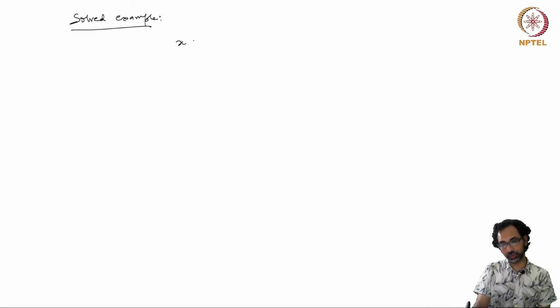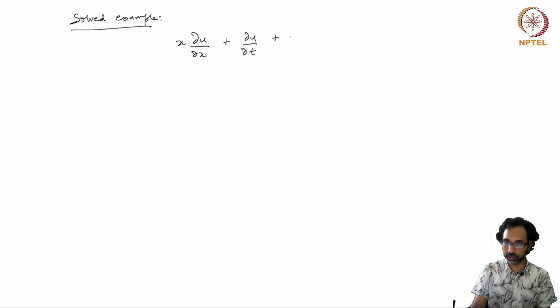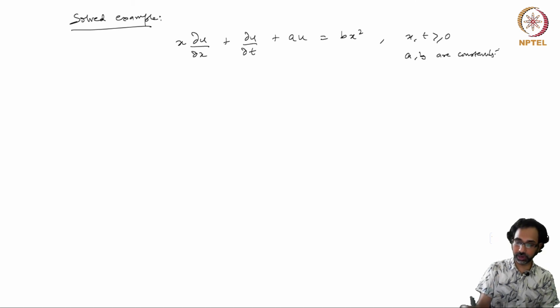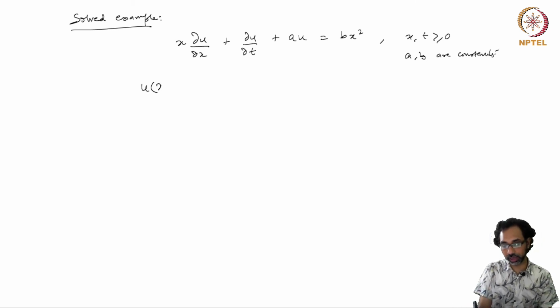We have the differential equation x del u over del x plus del u over del t plus a u equals b x squared, where x and t are taken to be positive and a and b are constants. And we can have initial conditions. For example, u(x,0) can be taken to be 0 and u(0,t) is also 0.